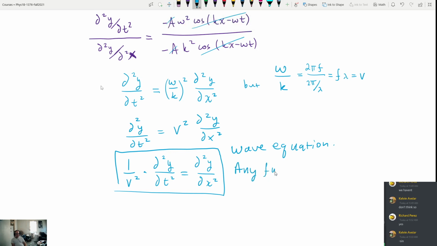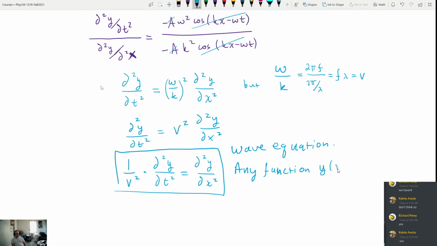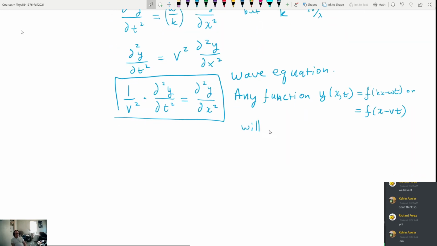Any function Y of x and t that is equal to some function of either kx minus omega t, or some function of x minus vt, will satisfy this equation and will represent a traveling wave.